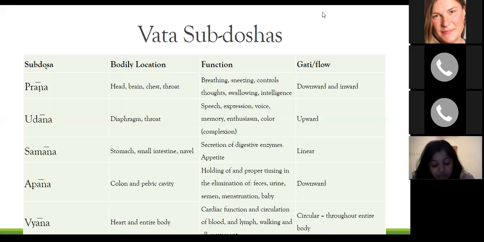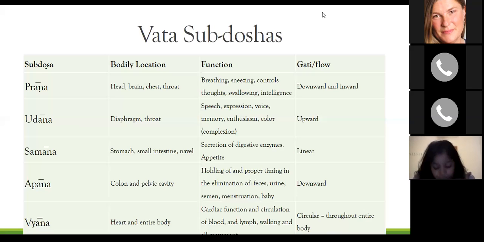Also, similarly, if the Apana Vata is moving out too much, then there may be heavy menstruation, or pain during menstruation, or even pain during intercourse, which is again a block or an abnormal flow of the Apana Vata downwards.